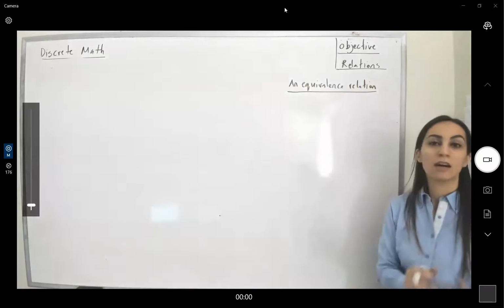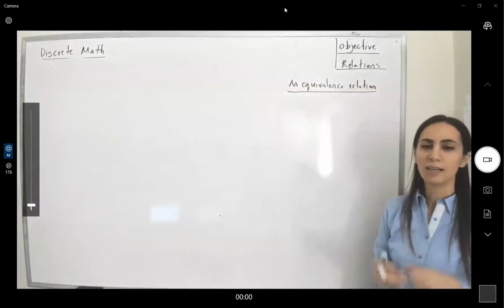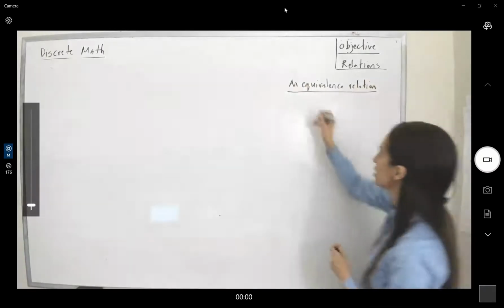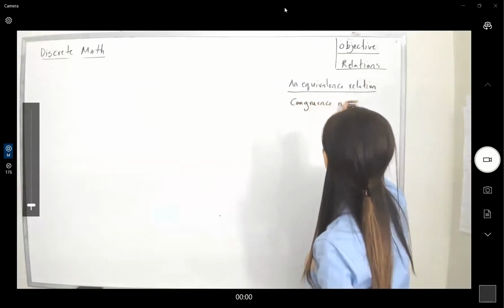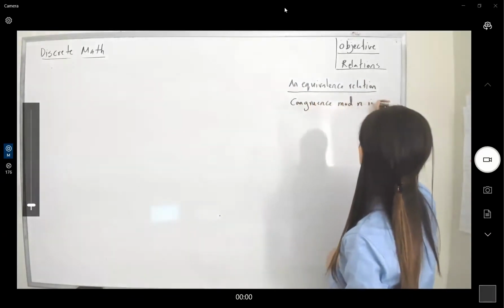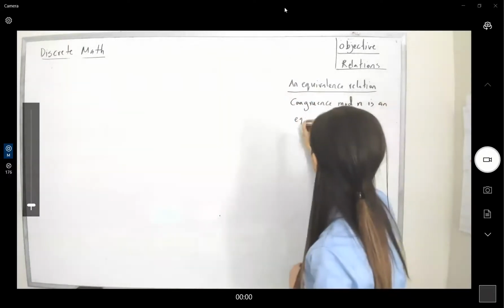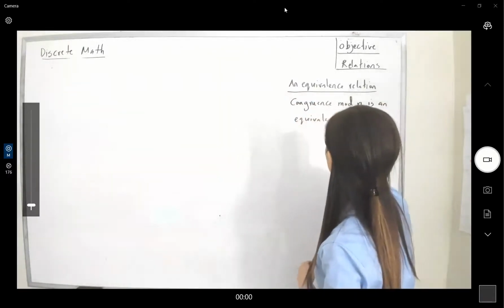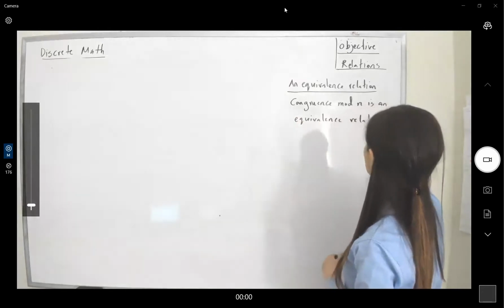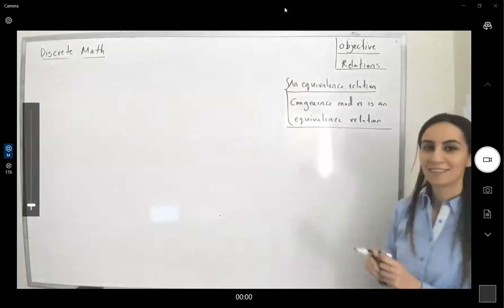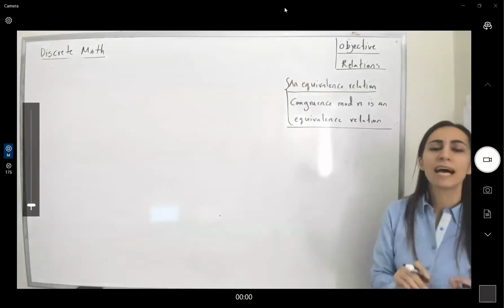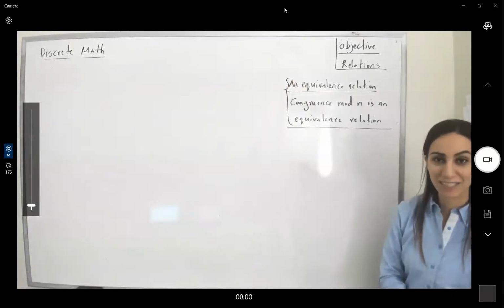Then congruence mod n is an equivalence relation. Since we have an equivalence relation, we can define the equivalence classes of members of set A.